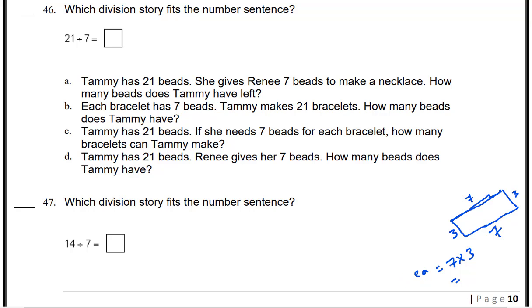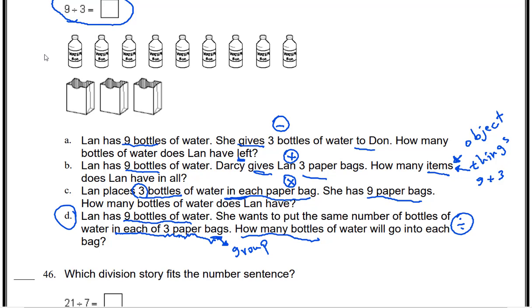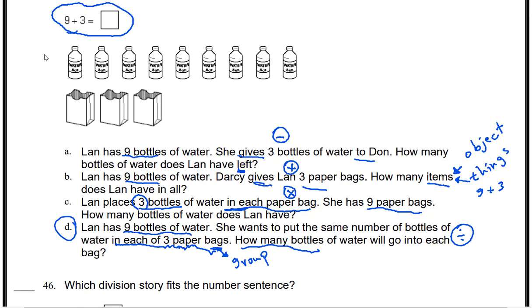For question 45, I think that the answer is wrong. Okay, let's see why. Because this is multiplying. D is multiply.